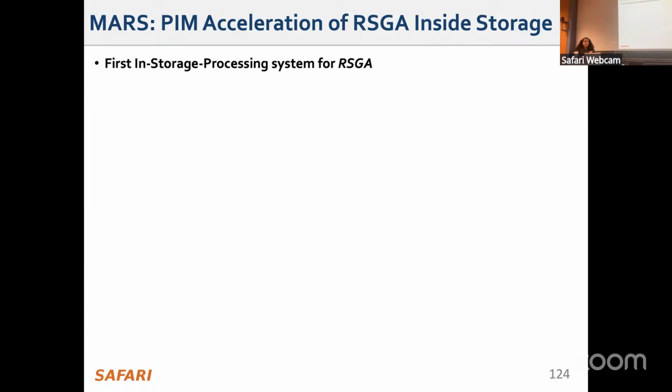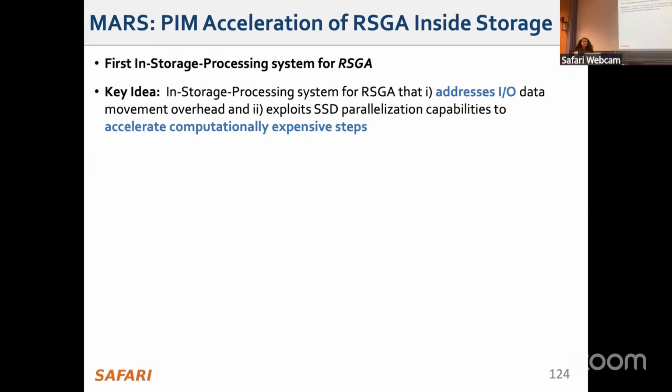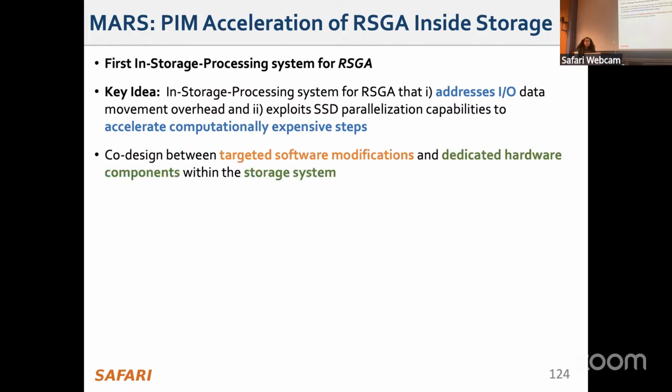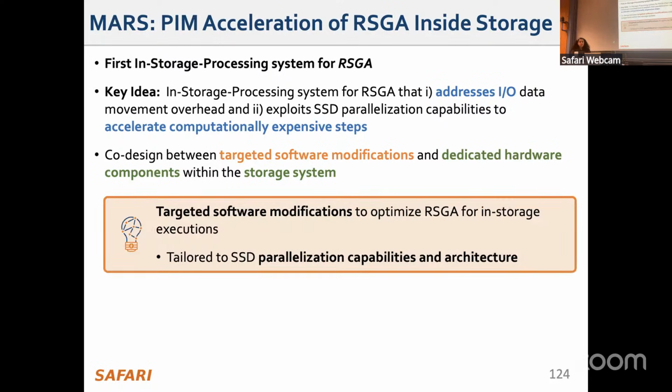So Mars is the first storage system for RSGA, and its key idea is a storage processing system that addresses IO data movement overhead and exploits the SSD's parallelization capabilities to accelerate computationally expensive steps. It's a co-design between targeted software modifications and dedicated hardware components within the storage system. The targeted software modifications optimize RSGA for ISP, or in-storage processing, tailored to the SSD's parallelization capability and architecture.